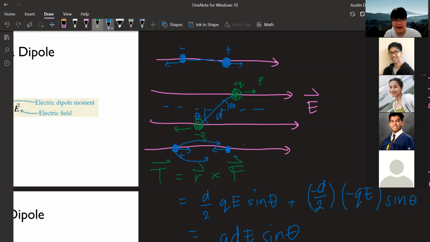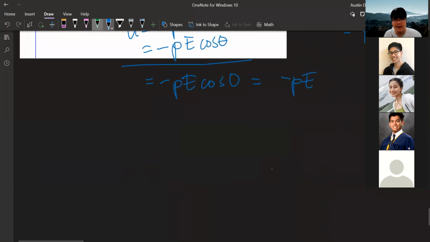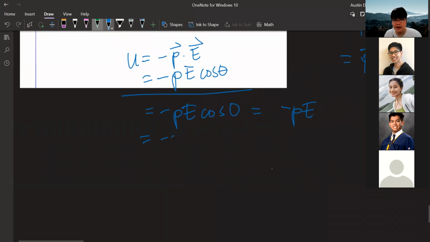Pa ganun. And yung angle nito would be, again, nakabase sa positive sign yung angle mo. So that would be 180 degrees or pi. P E cosine 180 or pi kung gusto nyo. So that's negative 1. So times negative 1. That gives me positive P E.